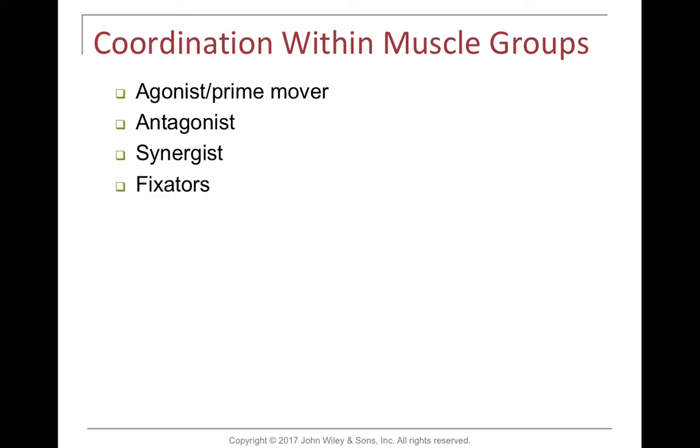Most movements will also involve muscles that are called synergists, meaning they serve to steady a movement and thus prevent unwanted movements and help the prime mover or the agonist function more efficiently. Some synergist muscles in a group also act as fixators to stabilize the origin of the prime mover so that it can act more efficiently.